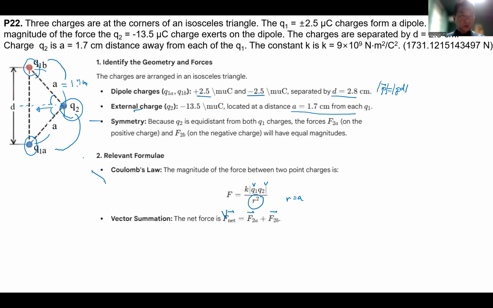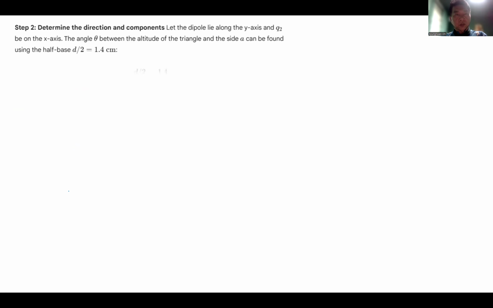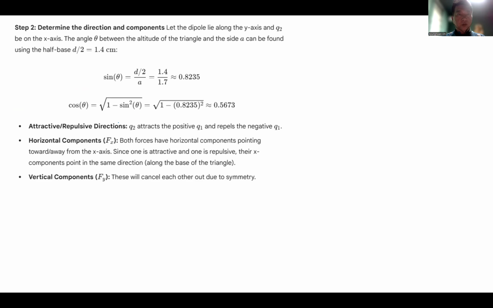So think about the force between these two, and then you have to decompose into vertical and horizontal components, and you will find you need a certain angle, theta, and then this theta can be found like this.